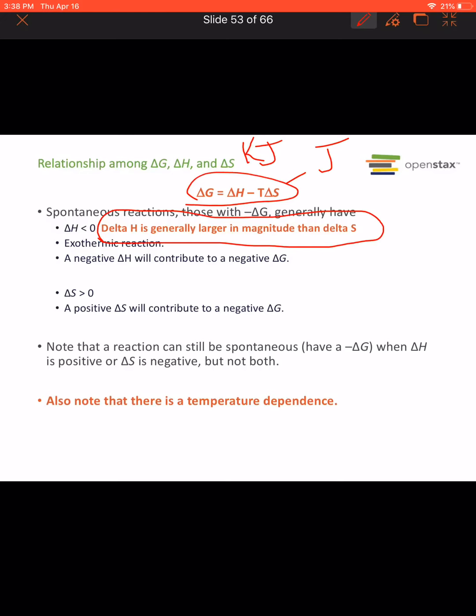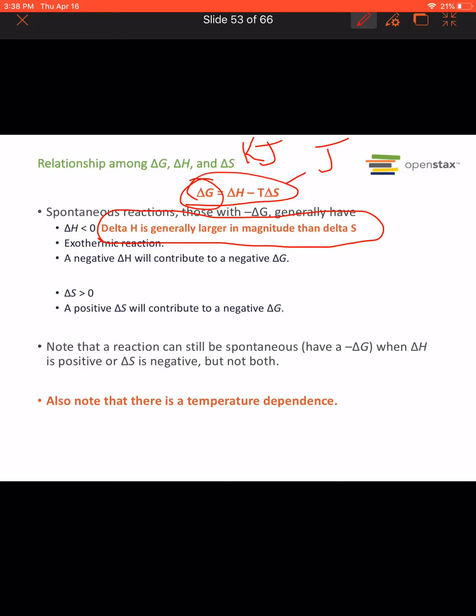So delta H is normally thousands of times larger than your delta S. Keep that in mind, because of two things. You need to remember to convert when you're doing your calculations from kilojoules to joules or vice versa. You need to make sure that your units are the same. But the other thing is knowing that delta H is so much larger than delta S can help us to determine whether the sign of delta G is going to be positive or not.